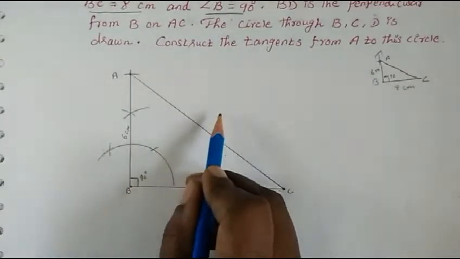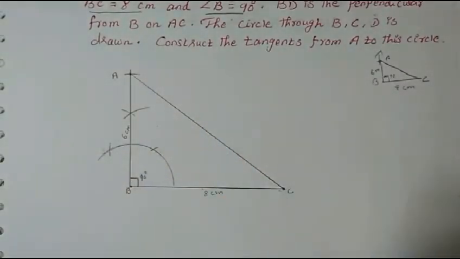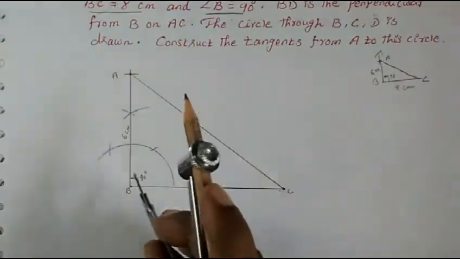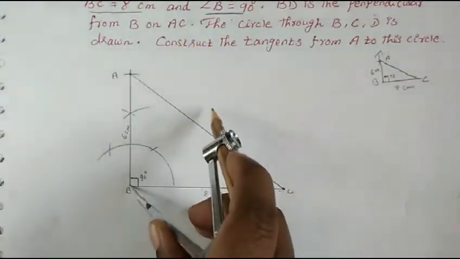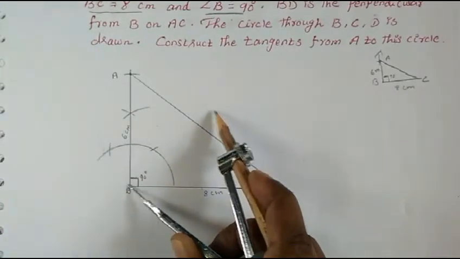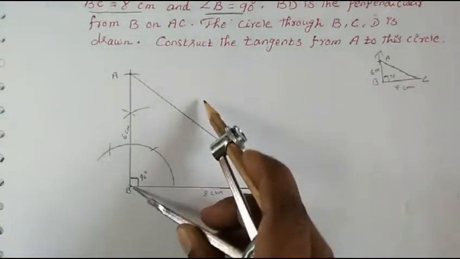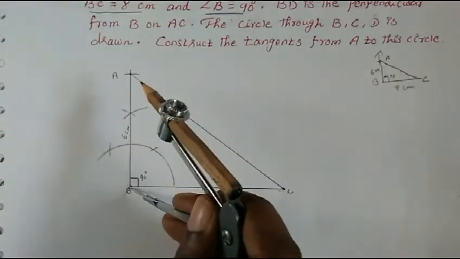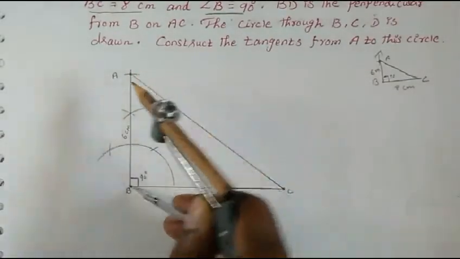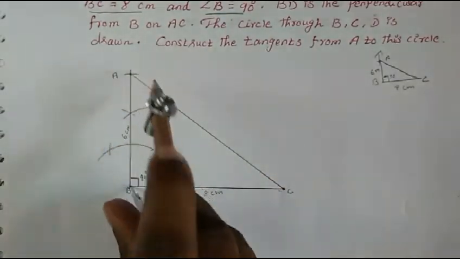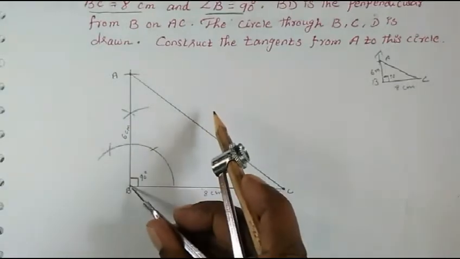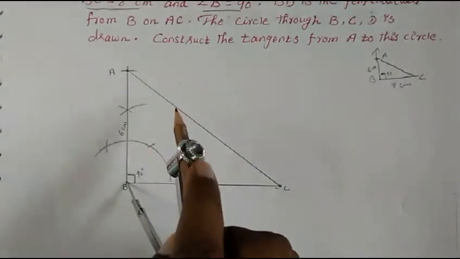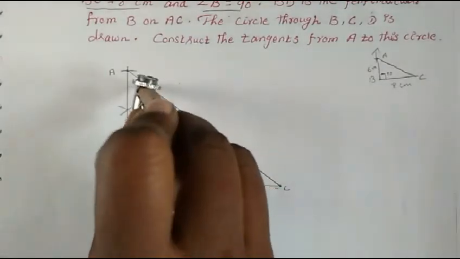What we will do, we take the compass, keep it on B, just a little more than this line, and give a cut.